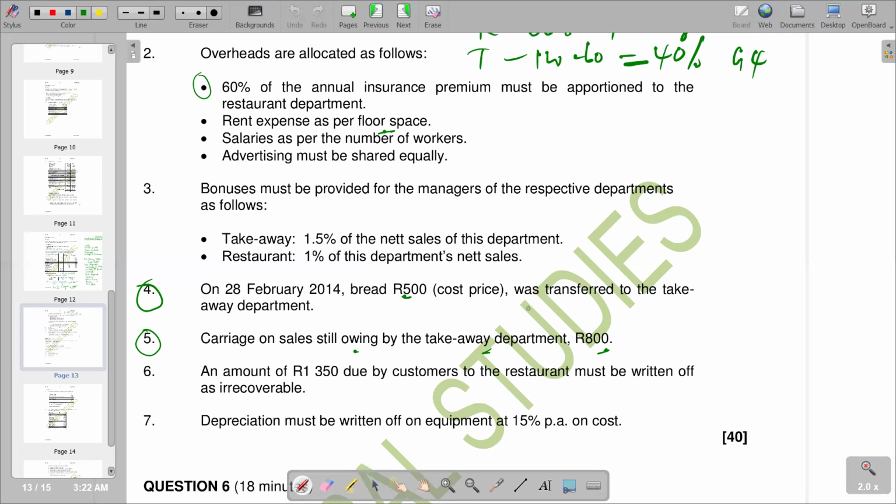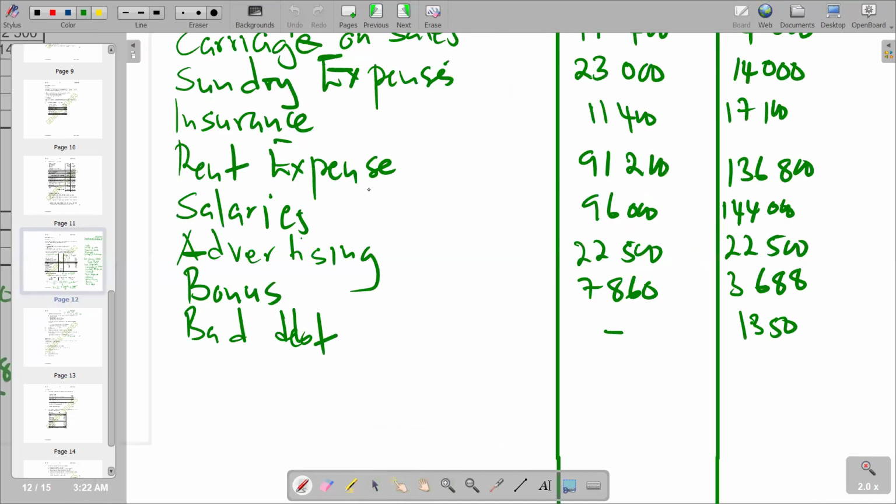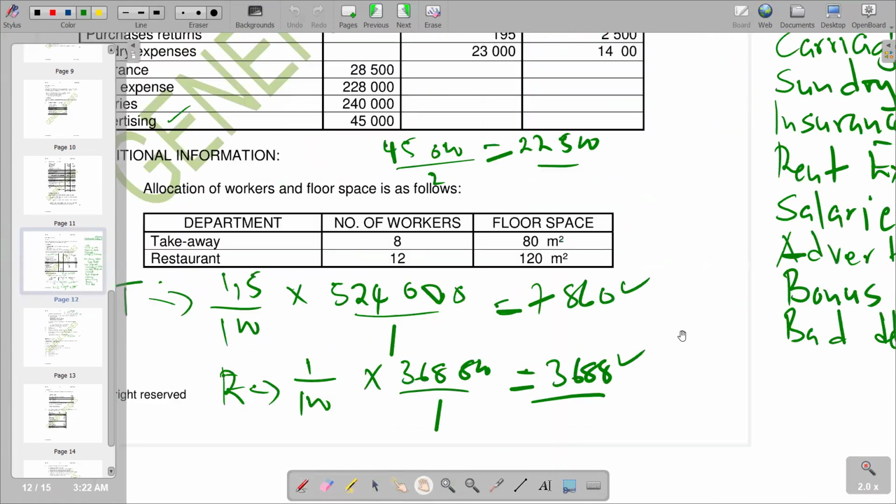Calculating our depreciation using the straight line method is percentage times cost. So we're just going to say 15% times the cost of equipment. So we come here and go to the percent.